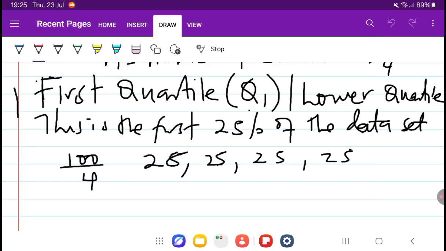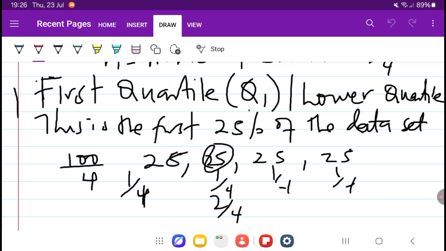So this one will be 1 over 4. Each of these will be 1 over 4. Meaning this one in the middle will be 1 over 4 plus 1 over 4, which will be 2 over 4.